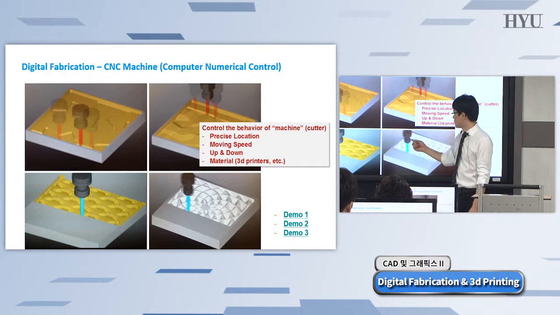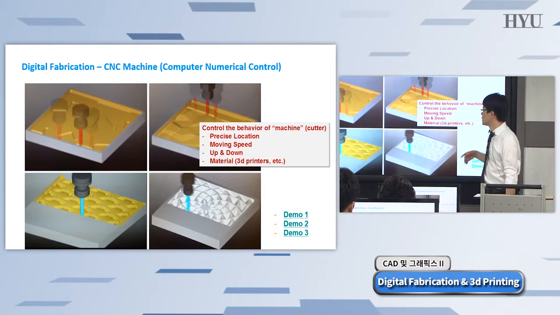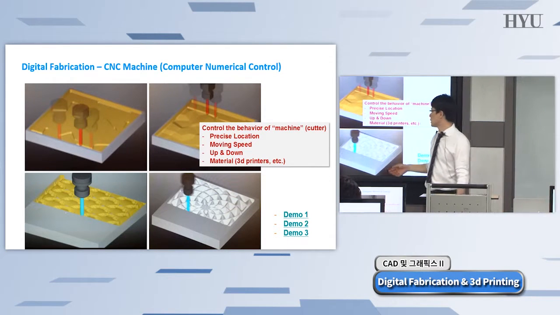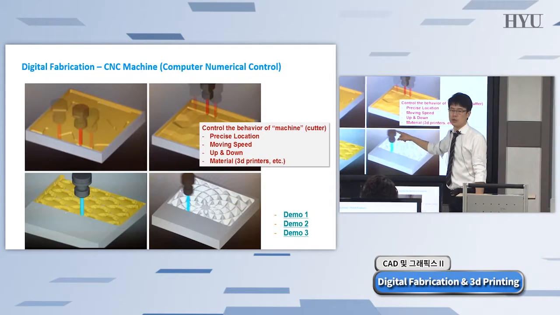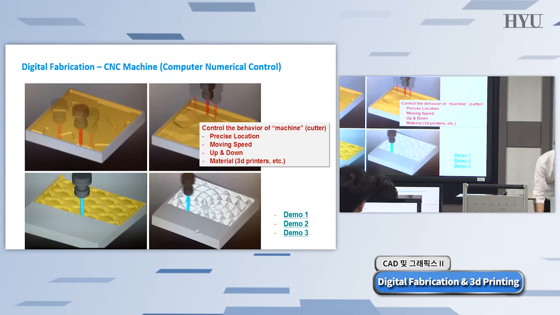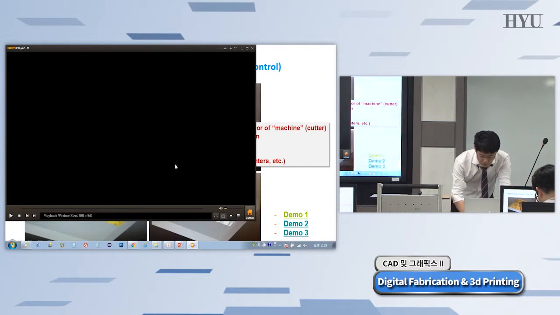And sometimes this machine needs to replace this drill from some thick drill to a very thin drill for precise control and so on. Actually, the CNC machine we used is a kind of expensive one, so it automatically changes the drill. Let's take a look at a demonstration video for making this CNC machine.